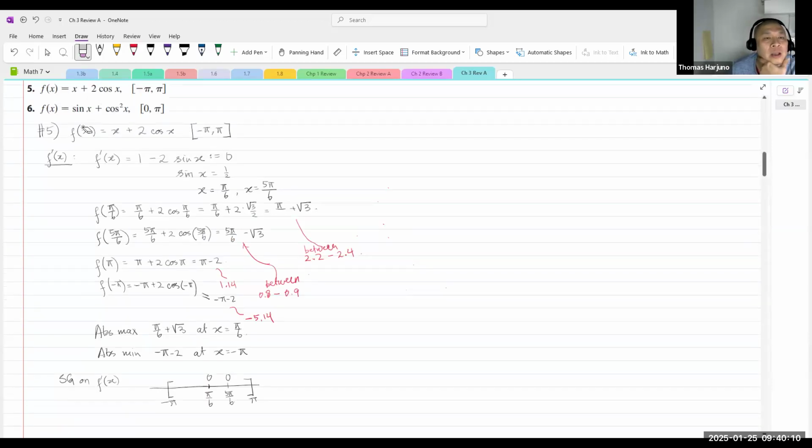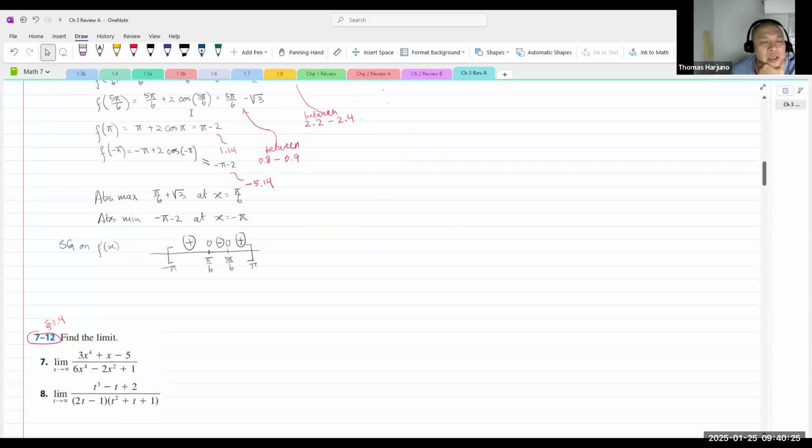When I put pi here, that's 0. So that's positive 1. So yeah, this is positive here. When I put negative pi, that's also 0. That's positive here. So it's negative here. Okay, so from there we see that it's a local max at pi over 6.